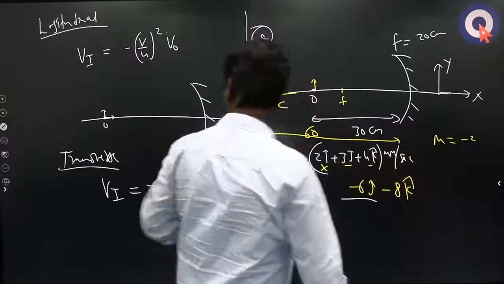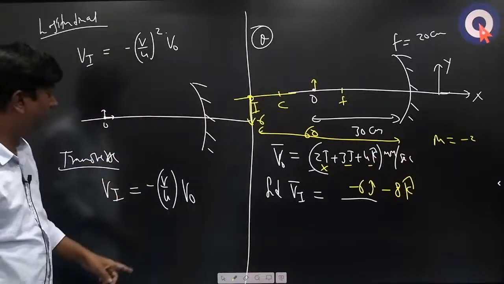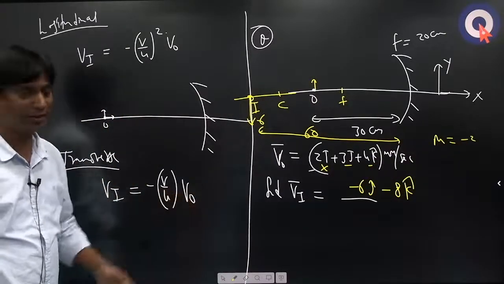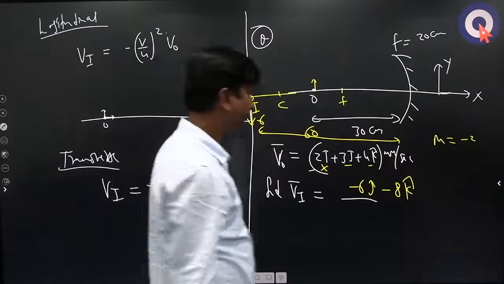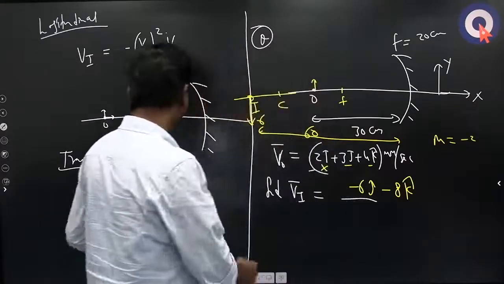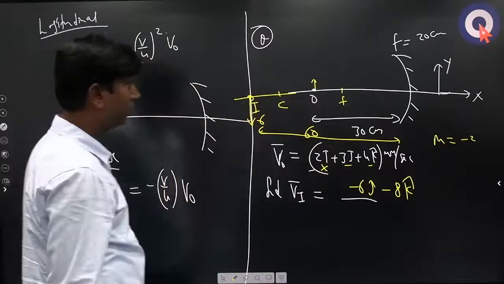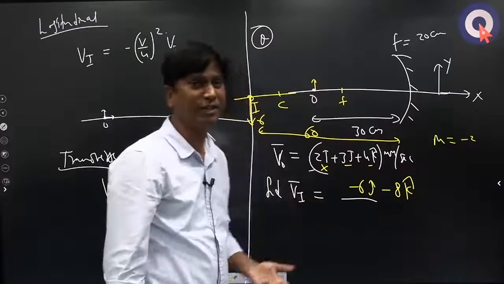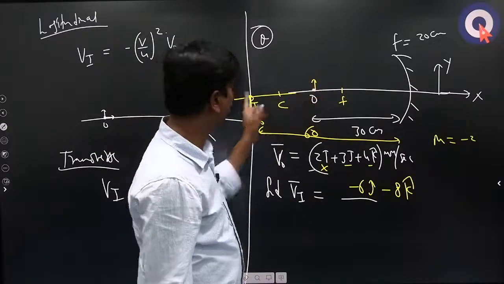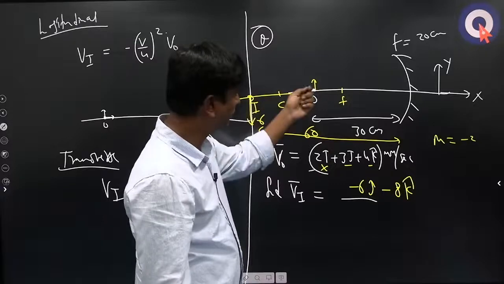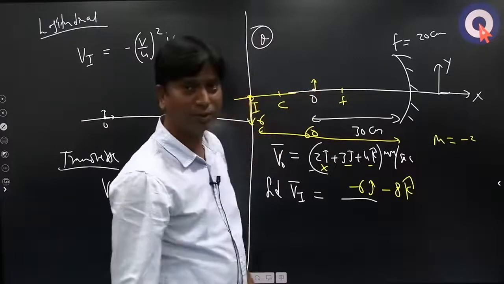In the transverse direction it is minus of m times, so minus of v by u, or simply m times. The minus indicates that since it's a real image, whenever the object is moving up, the image moves down. The object is moving in positive k, the image moves in negative k, right?